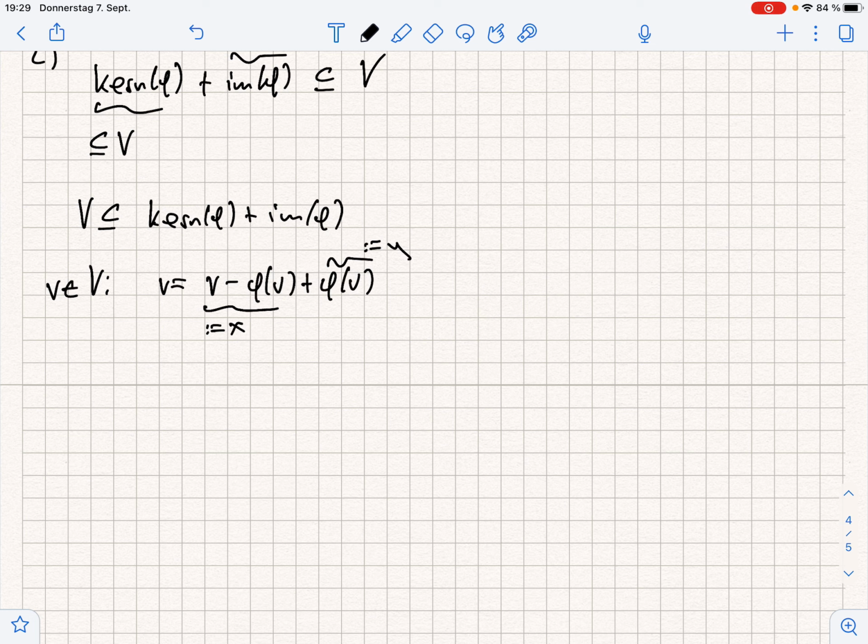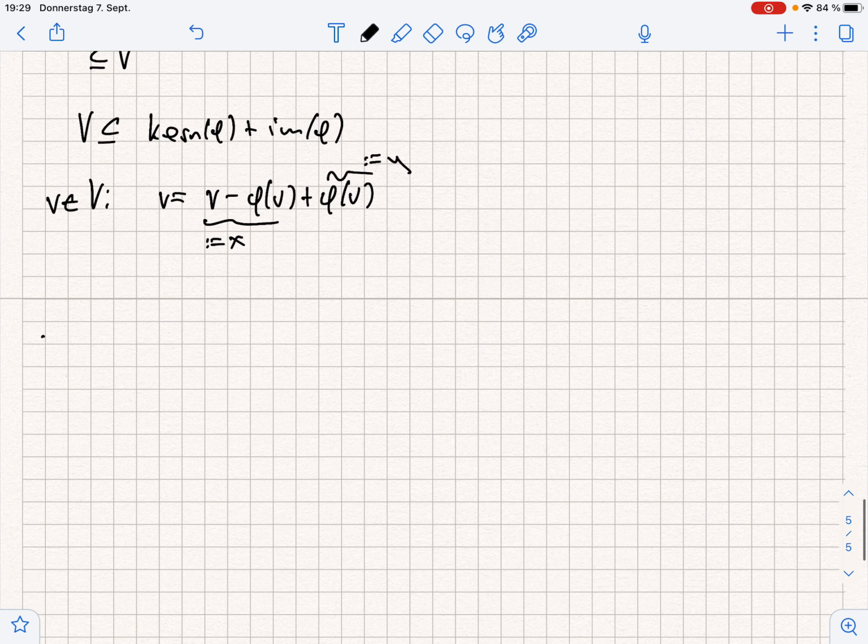And I'm claiming right now that x is in the kernel of phi, which you can easily verify by considering phi of x. We know that this has to be 0, right? Because x is in the kernel. What we simply do is substitute for x, so this is the same as phi of v minus phi of v.